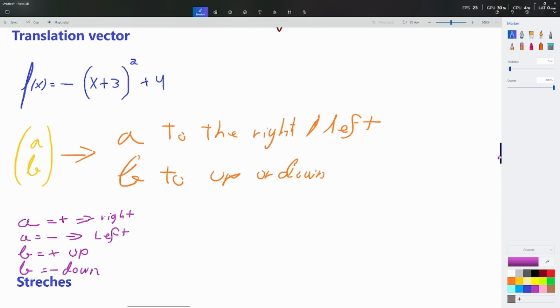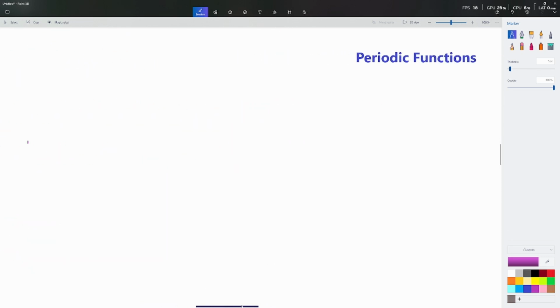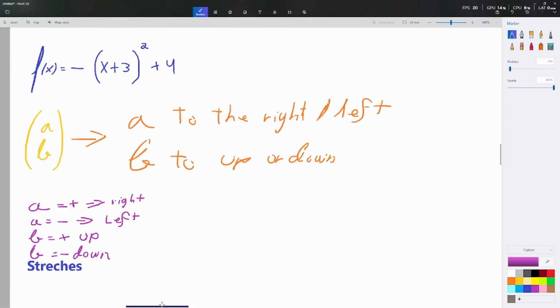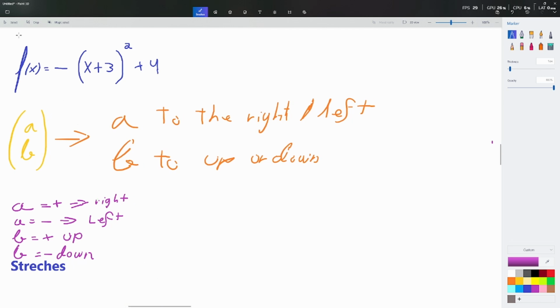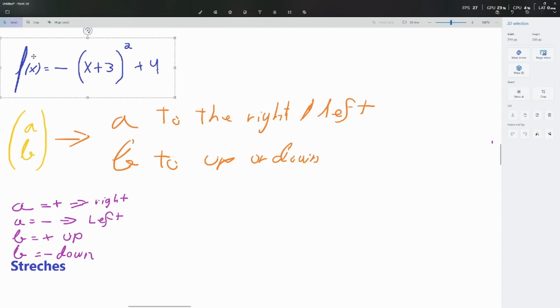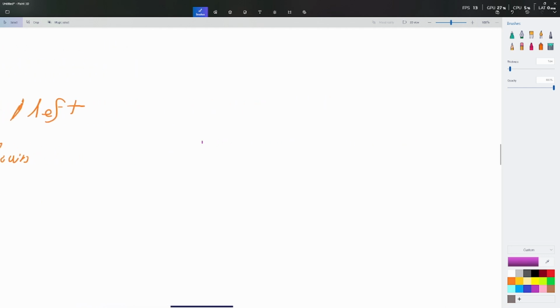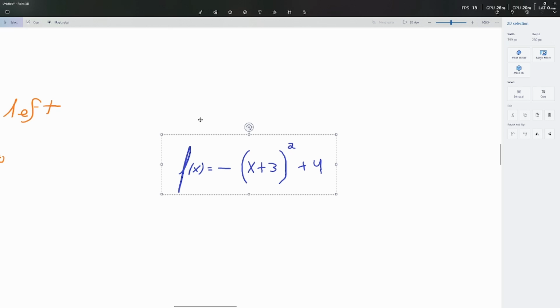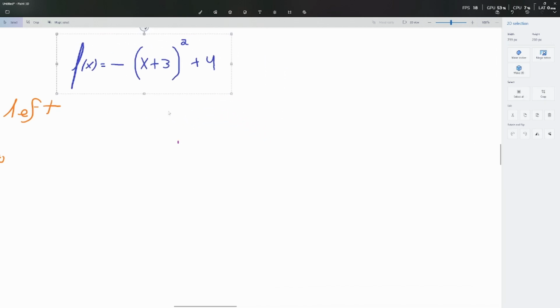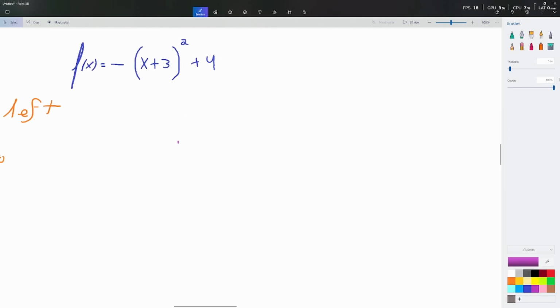So sometimes in IB you will be given a function, and with that function you have to be able to get a new function with your translated vector. So let's put it into perspective as well. You have your function, which in this case today is going to look something like this.